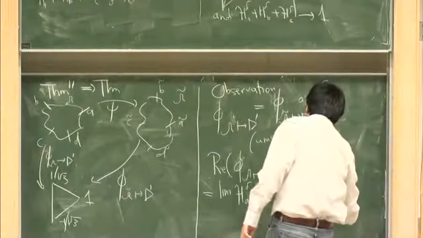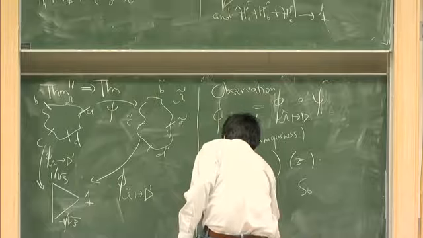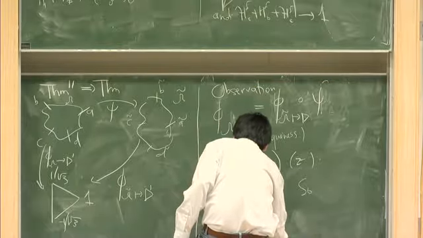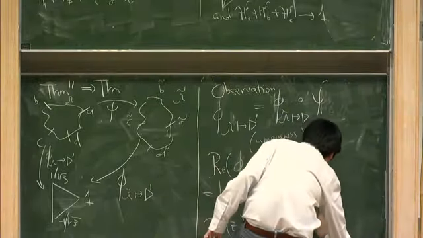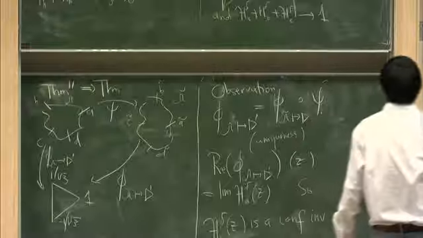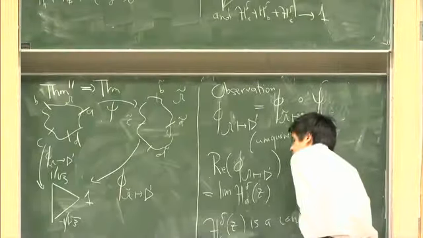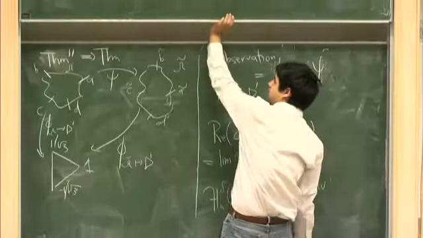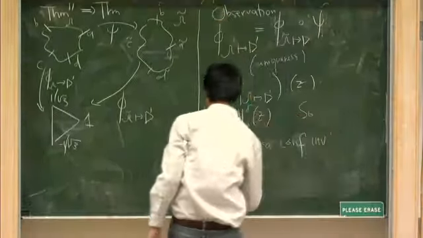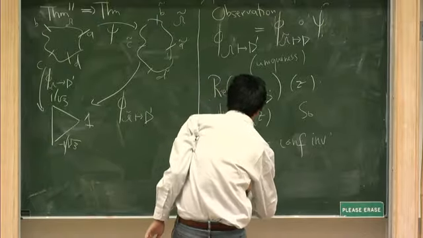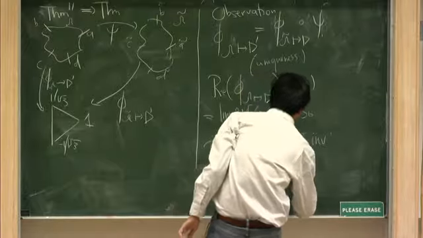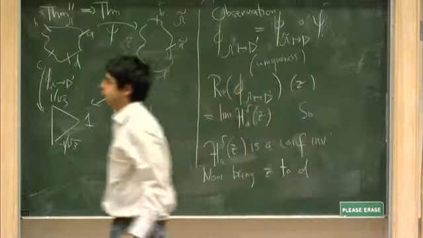So H A delta of Z is conformally invariant. And now the only thing that is left to do is just bring Z to the boundary, bring Z to the point D. And you have exactly what you wanted.